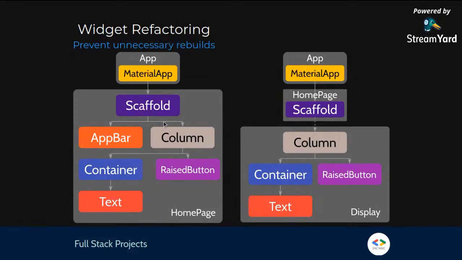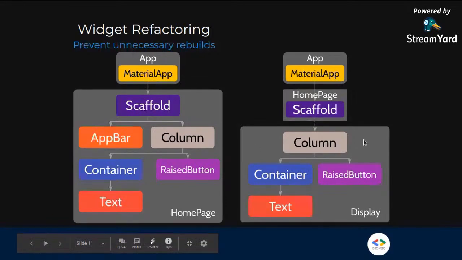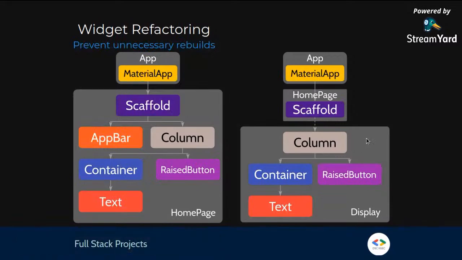So as you can see, we have the same homepage widget over here which contains the scaffold, and we broke the widget from this area and we defined it as its own widget. Now this is still a problem because if we go this way, we still need to label the container and the column, which we necessarily don't need to do.